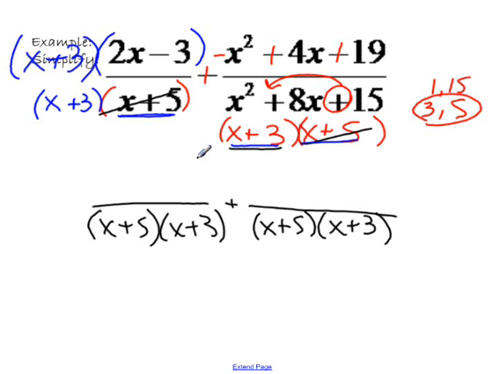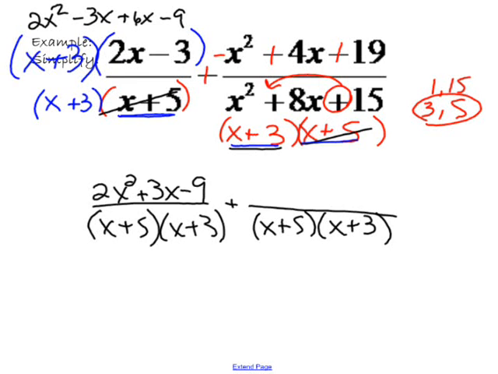First one I need to FOIL. I get 2x squared minus 3x plus 6x minus 9. So that's 2x squared plus 3x minus 9. And the second one is negative x squared plus 4x plus 19. Watch your signs on these.